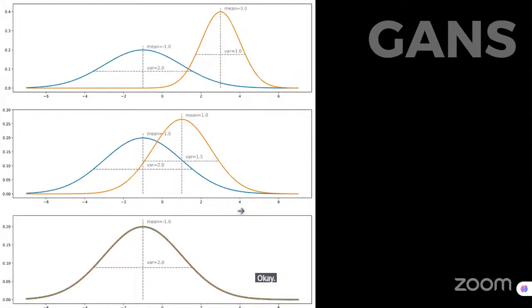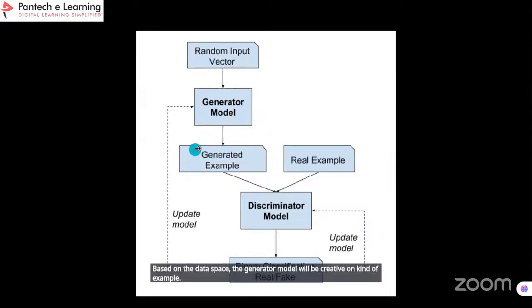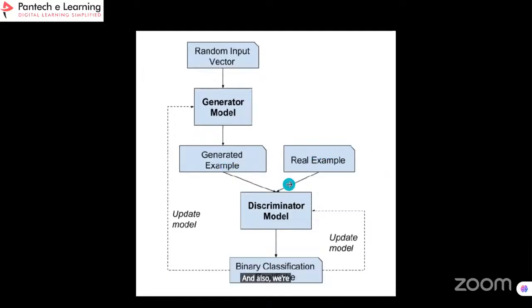Okay, we have to go through the flowchart again now. First, we create some training data and give it to the particular model. Based on the data space, the generator model creates a sample. We also have a real example, the training data, which is called the real data.